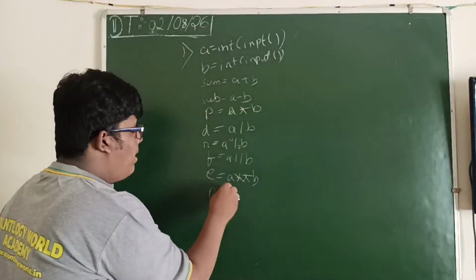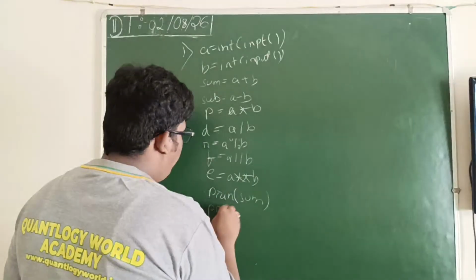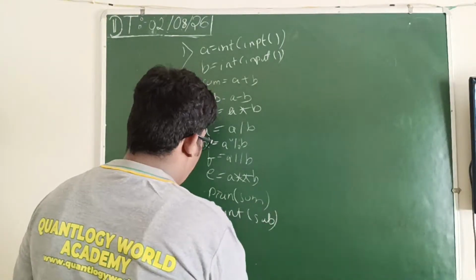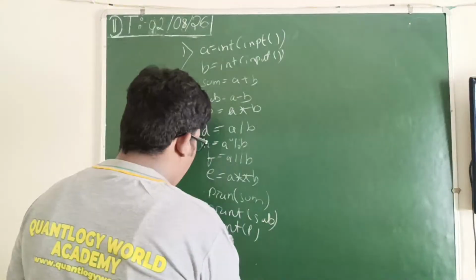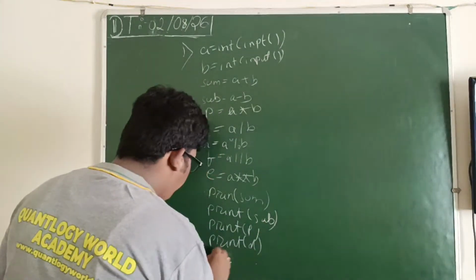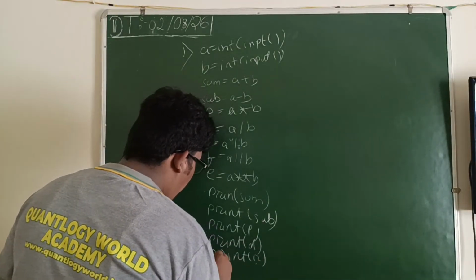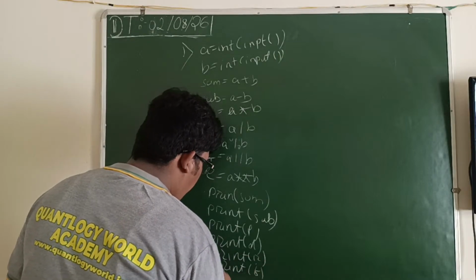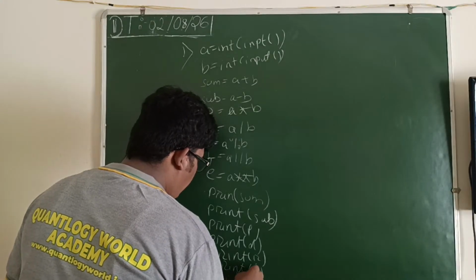Next, print sum, then print sub, print p, print d, print r, print f, print e.